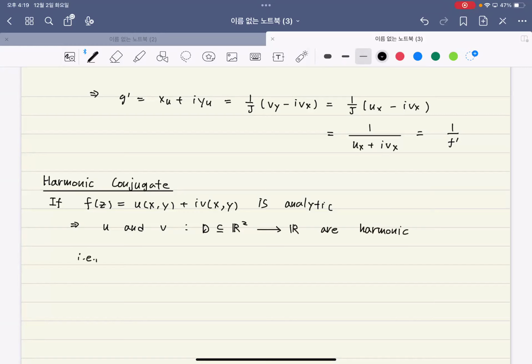So uxx plus uyy equals 0, and vxx plus vyy equals 0.